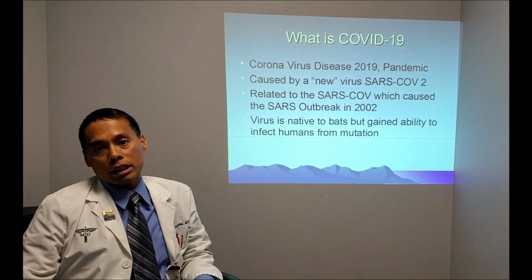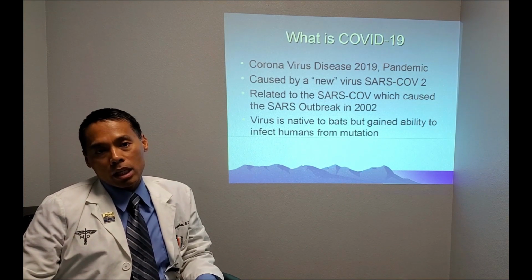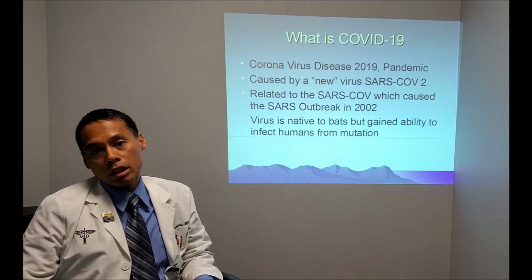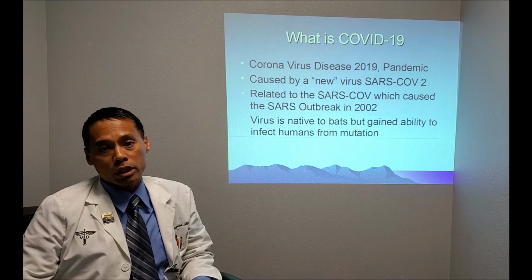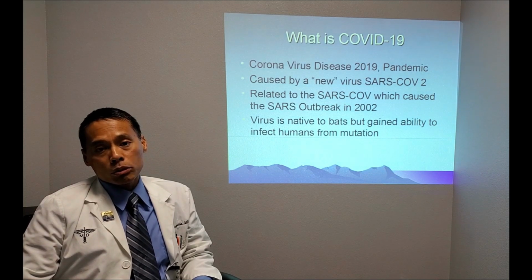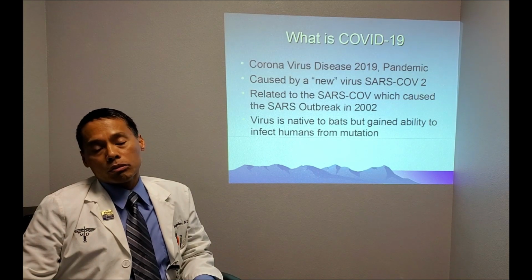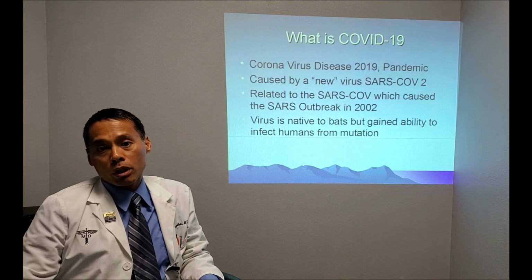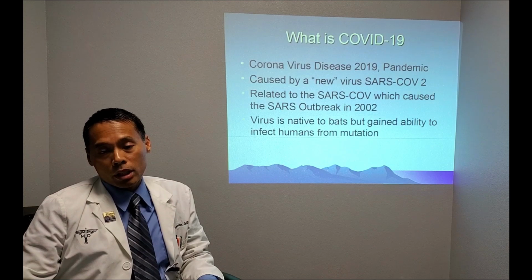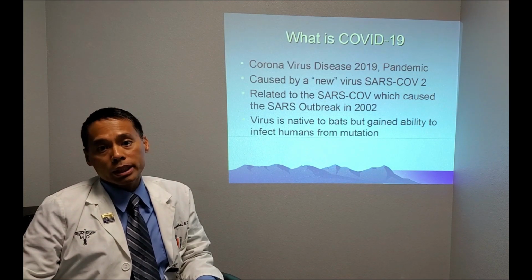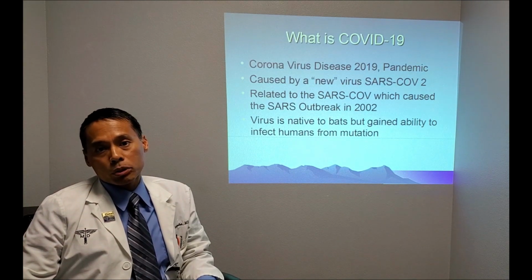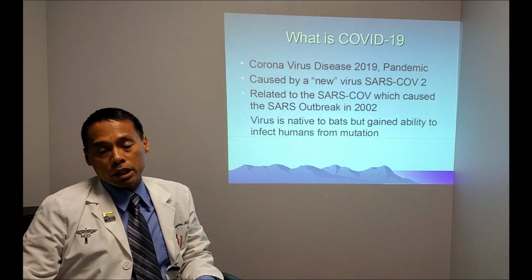And that's what makes it a significant threat for our healthcare system and for our populations in general, because there is no innate immunity that is available to, number one, reduce the number of possible hosts. So everyone in the world is a potential host for this new virus. And because there's no immunity, the severity of the illness when it infects certain individuals can be very severe, that it, in certain cases, may cause death.